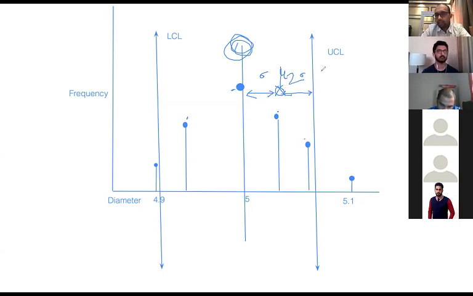This material maybe is at the 3rd sigma. But this 3rd sigma is crossing the upper control limit.